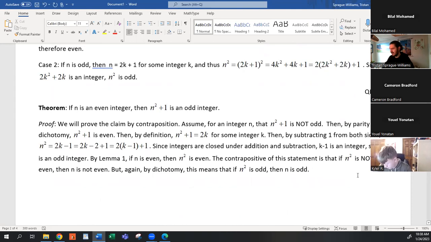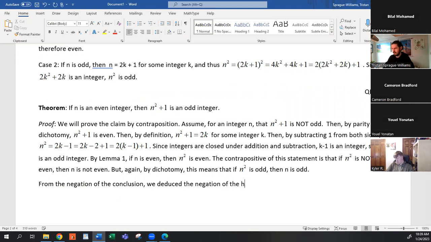So now that we got that, we can say n is odd. So I think we can finish by saying, well, from the negation of the conclusion, we deduce the negation of the hypothesis. Thus, by contraposition, the claim is true.